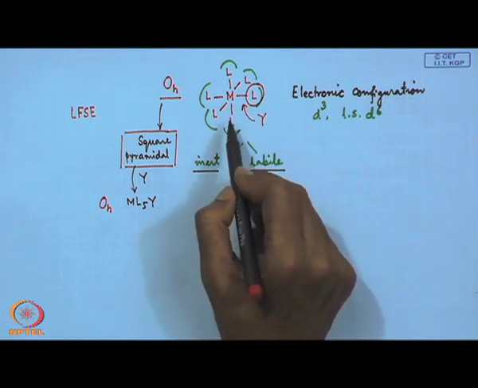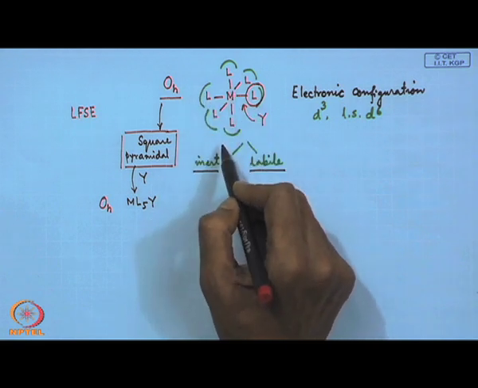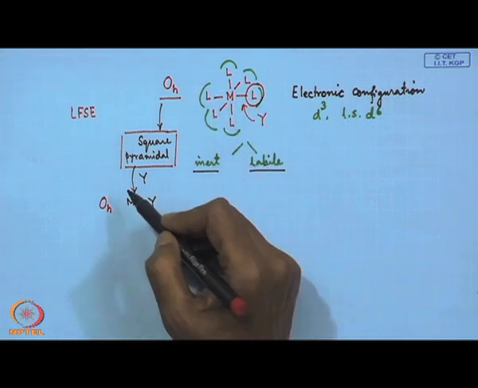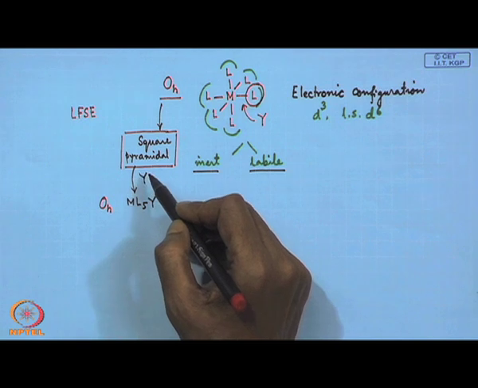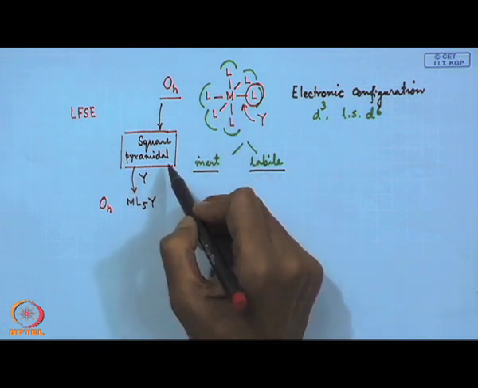That means the interaction with the d electrons and the different d orbitals would be different, and we get a different amount of stabilization due to the new square pyramidal geometry.